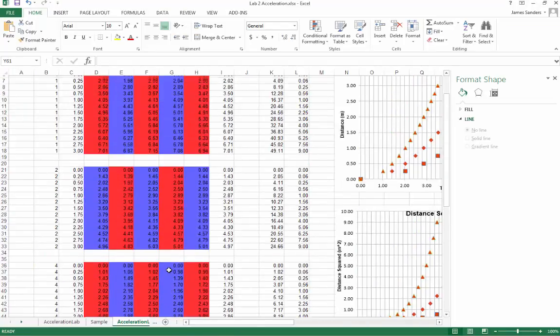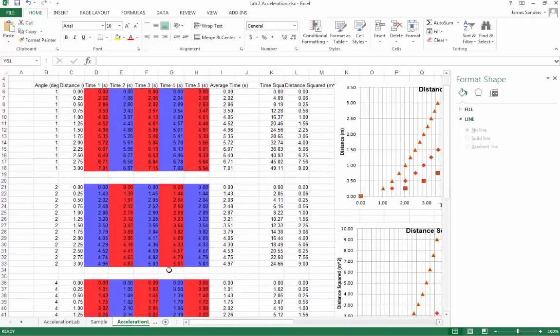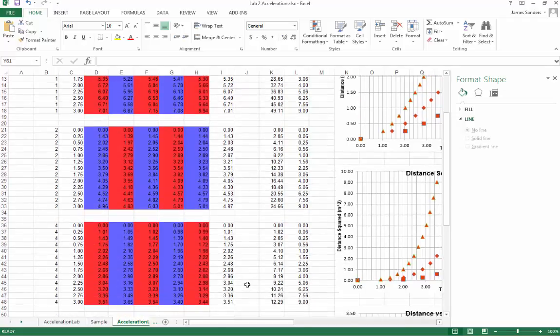Now let's pull up that data and have a look at it. So the other way that you can get this, if for some reason you don't have a good gut instinct as to how fast it's traveling, is go back up and look at your times. Here's for the 1 degree angle. Here's for the 2 degree angle. Here's for the 4 degree angle.